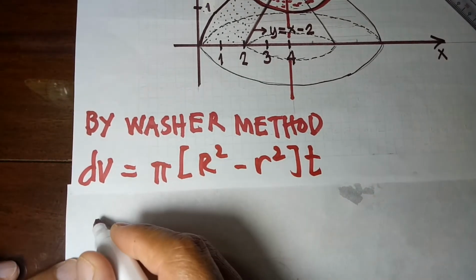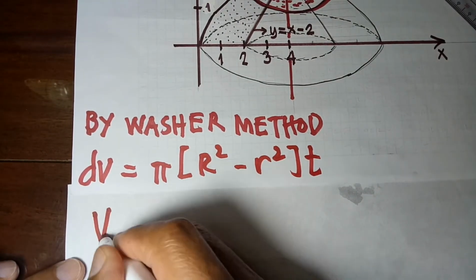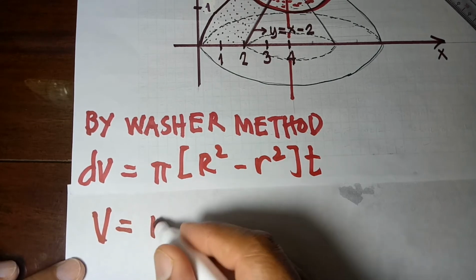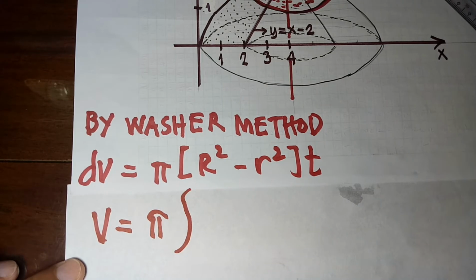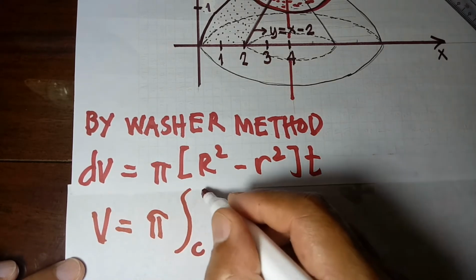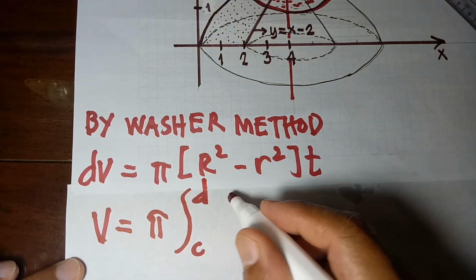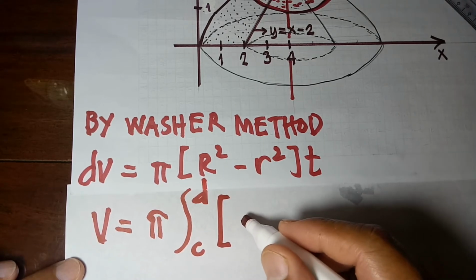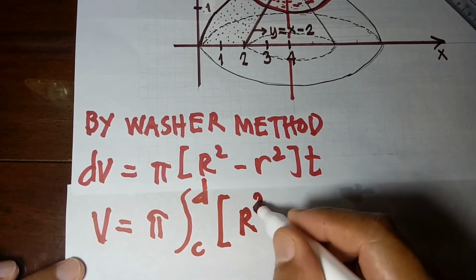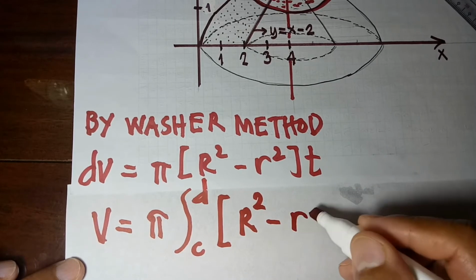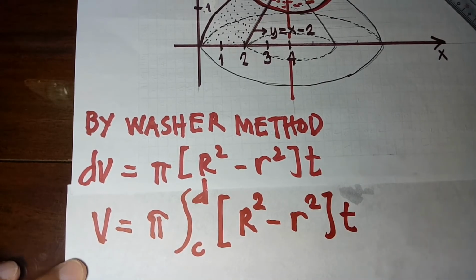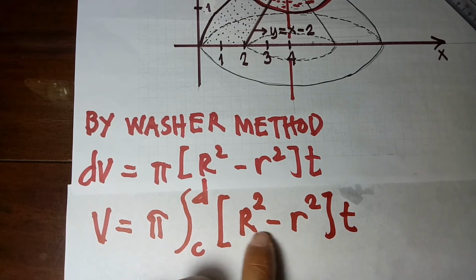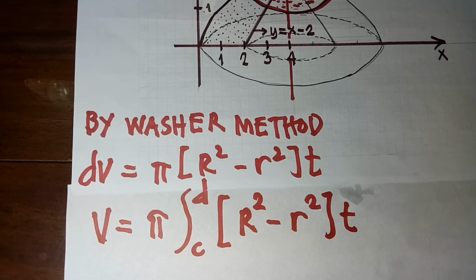Tapos integrate natin both sides. So, volume equals pi, and then integral from C to D of outer radius squared minus inner radius squared, and then times the thickness. Kaya i-identify natin yung mga parts ng circular washer.